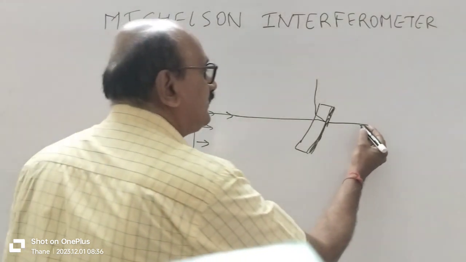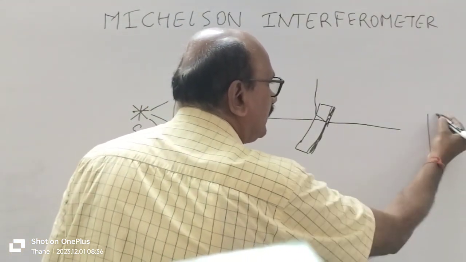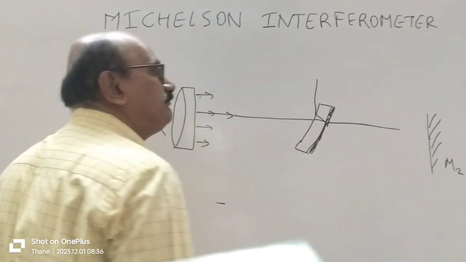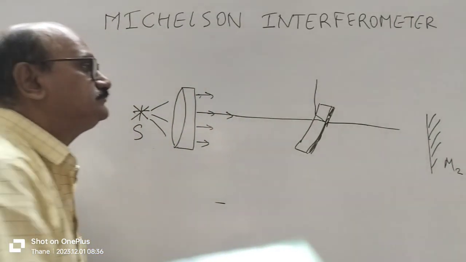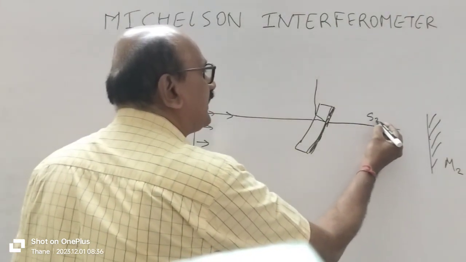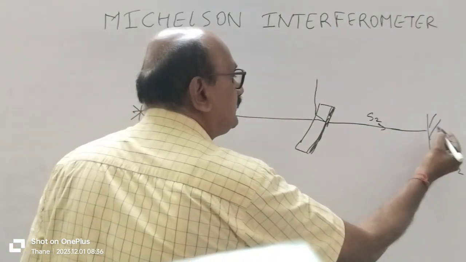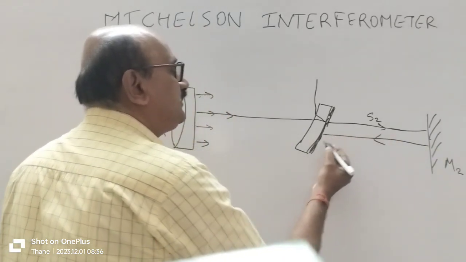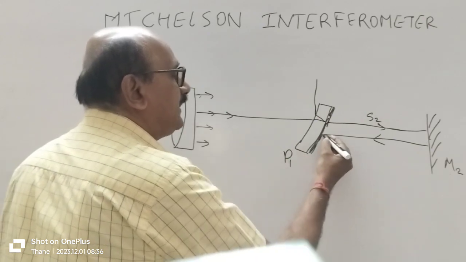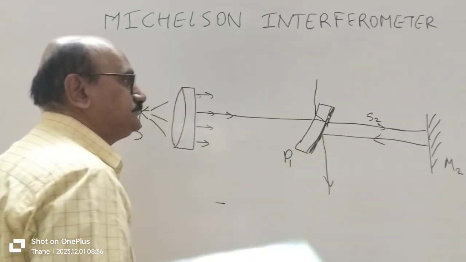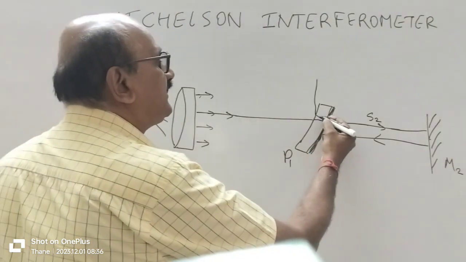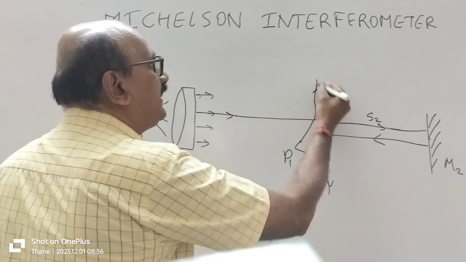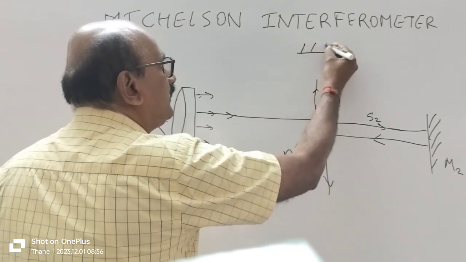The transmitted ray will move towards the mirror M2, which is a fixed one, and fall exactly perpendicular to the direction of propagation. Let's call it the ray S2. It is moving toward the mirror M2 and gets reflected back from M2. Again it touches the plate P1 and moves in this particular direction. The reflected ray comes back on the surface of the plate P2 and now moves towards mirror M1.